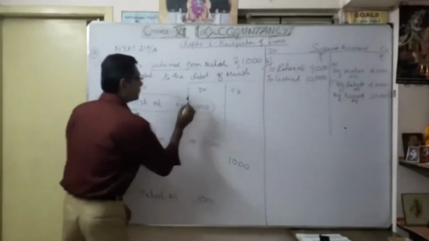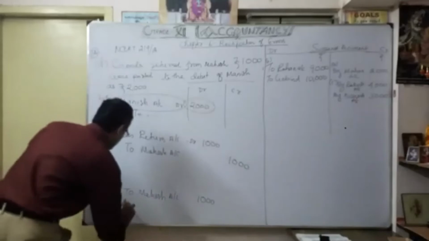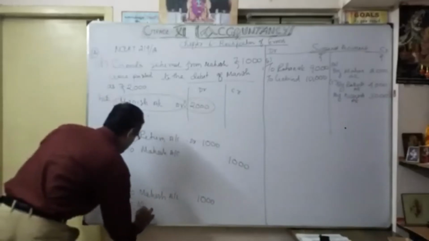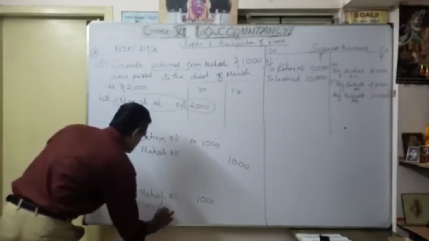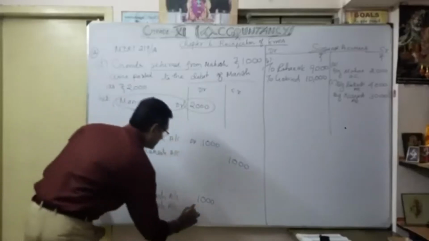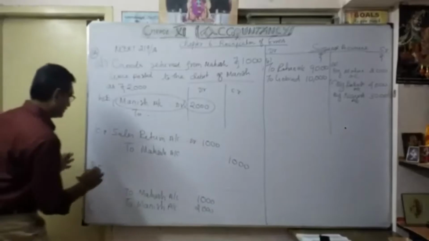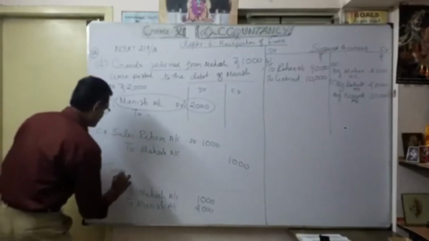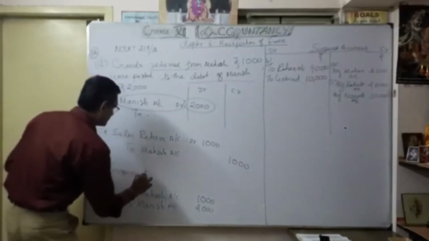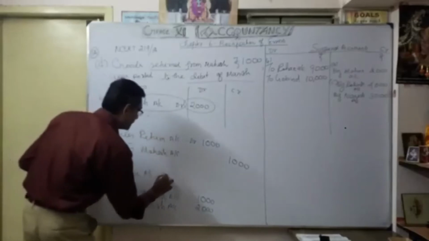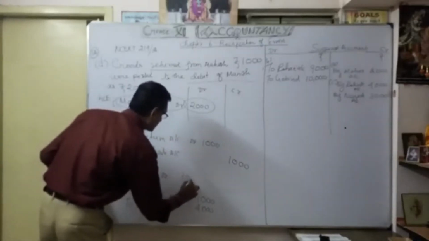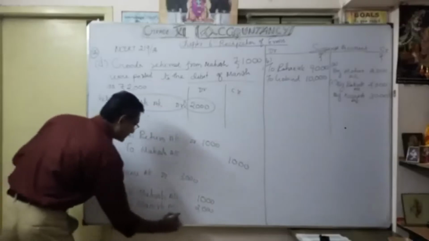Okay, so now I am going to remove that. So to Manish account, how much? 2,000. So what is my debit part? Debit part I shown as a suspense account. Now understood? Debit part, suspense account debit, how much? 3,000.